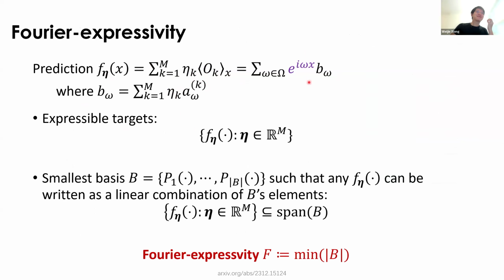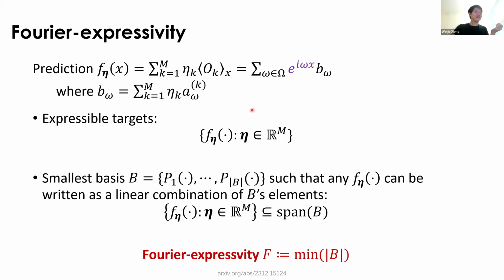We know that the Fourier modes are orthogonal to each other. So the number of Fourier coefficients can be considered as a measure for the expressivity. But remember that we can only control eta instead of omega. So it doesn't mean we can control all the Fourier coefficients.